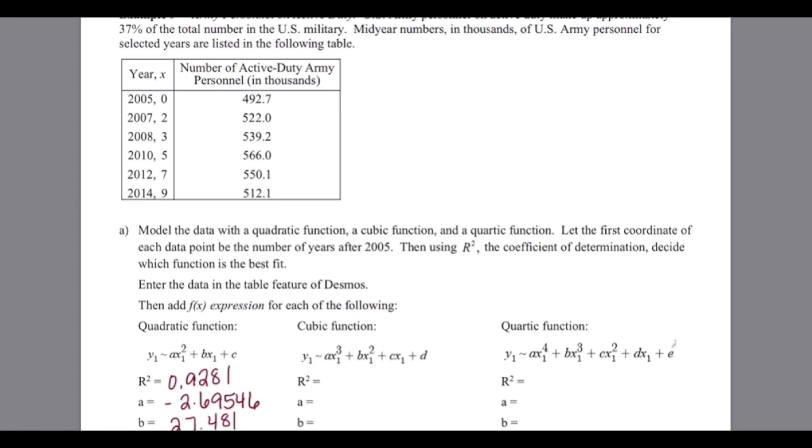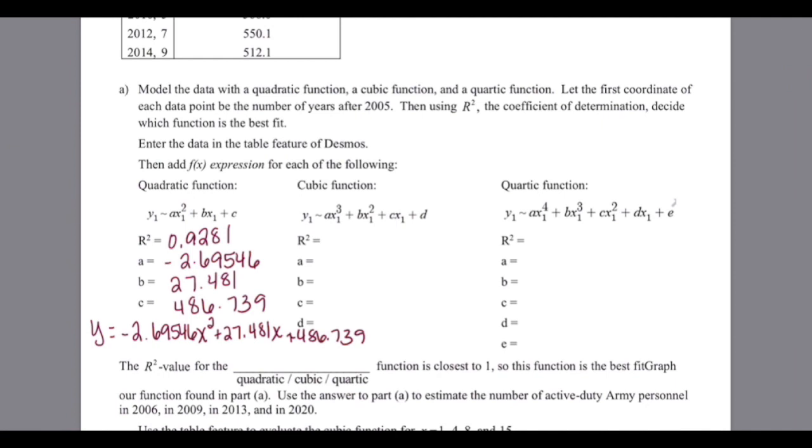So using our a, b, and c then, our quadratic function would be y equals negative 2.69546 x squared plus 27.481 x plus 486.739 when we write it in quadratic form. Let's see what it might look like if we use a cubic function.